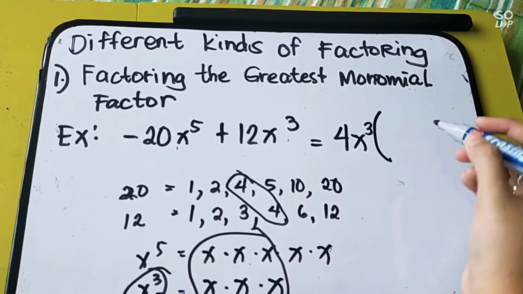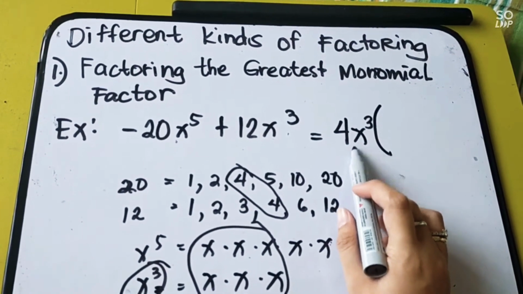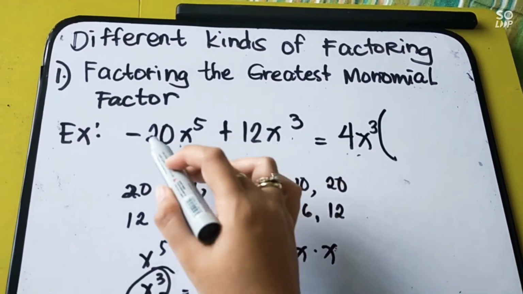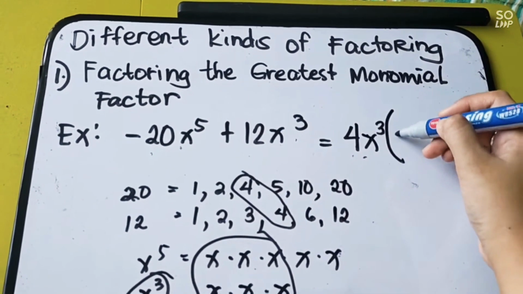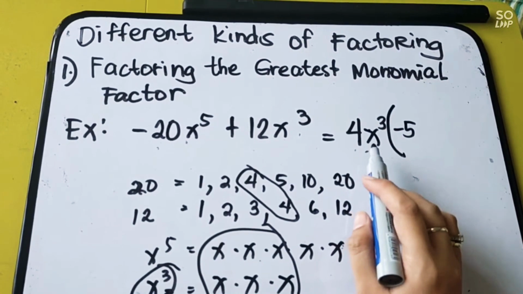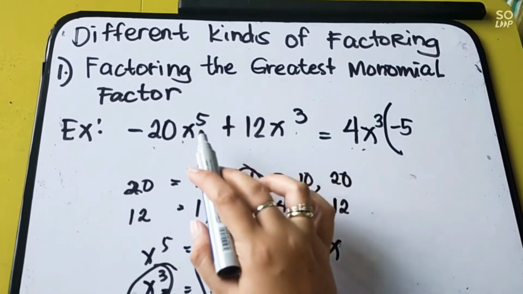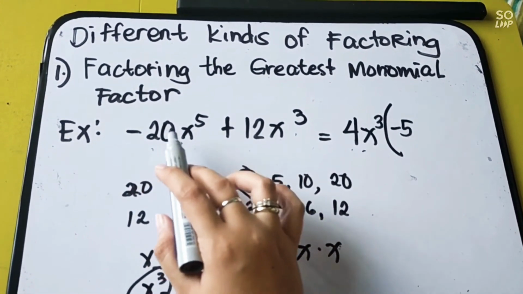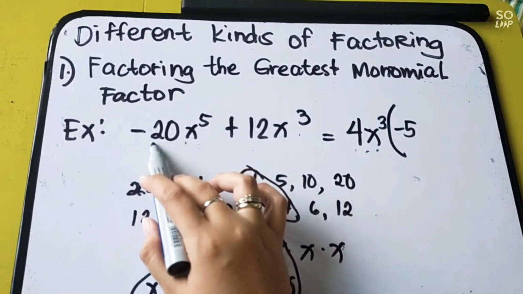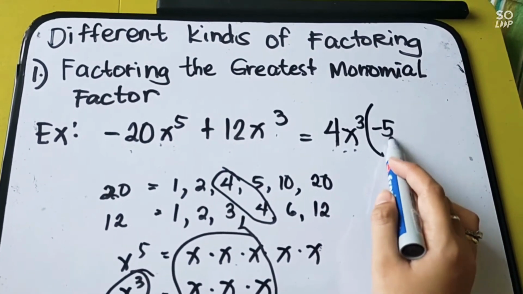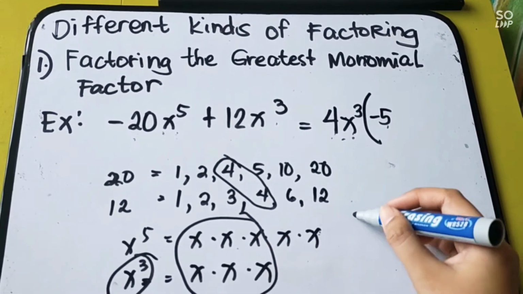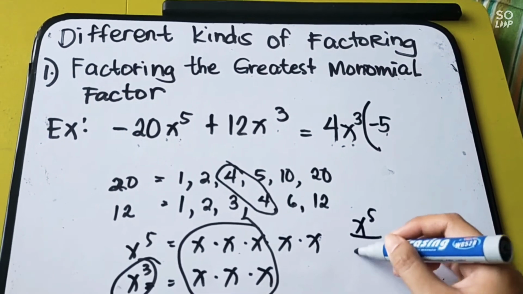After you find it, you are going to divide the factor into each term. 4 divided into negative 20, the answer is negative 5. Is it clear? Next, x raised to 5, sorry, it's the other way around. x raised to 5 divided by x cubed.